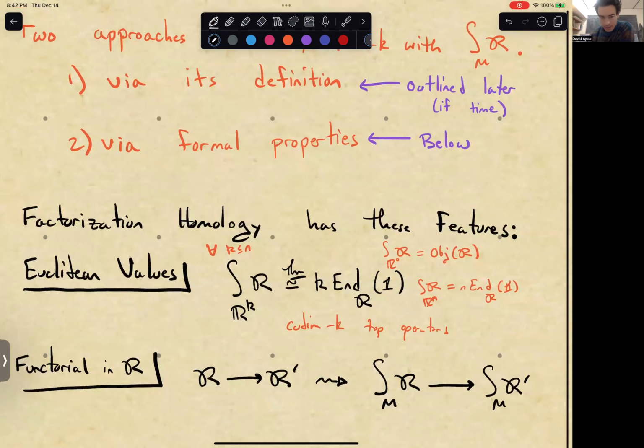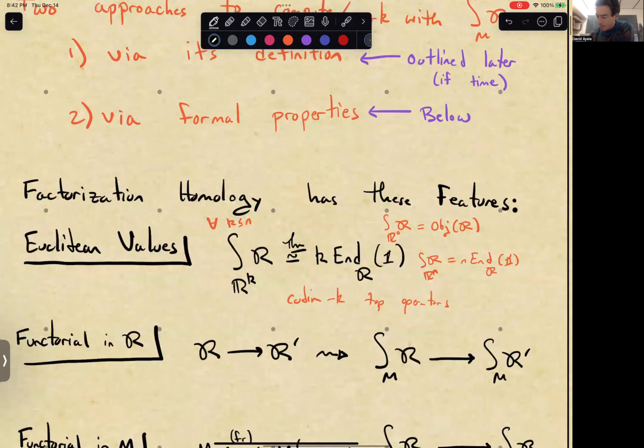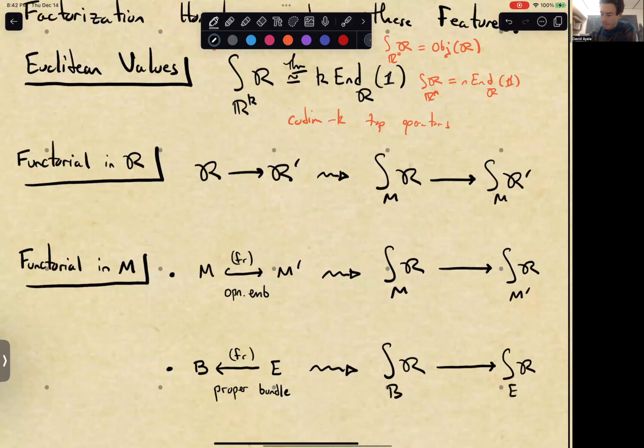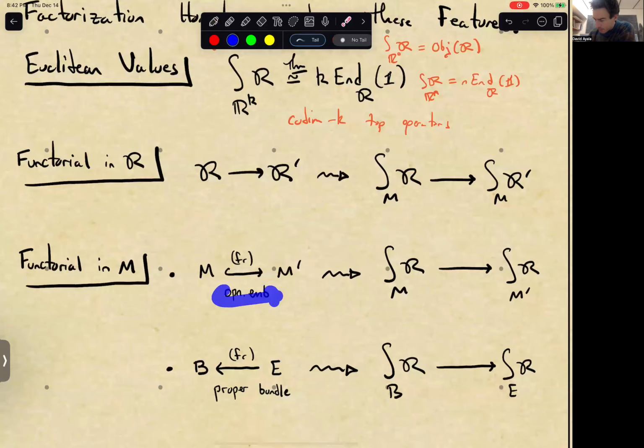Functoriality in R is probably not surprising to anybody. There are two kinds of functoriality in the manifold, and I'll give an example demonstrating the utility of both in a second. Given an open embedding, that determines a map between these values of factorization homology.